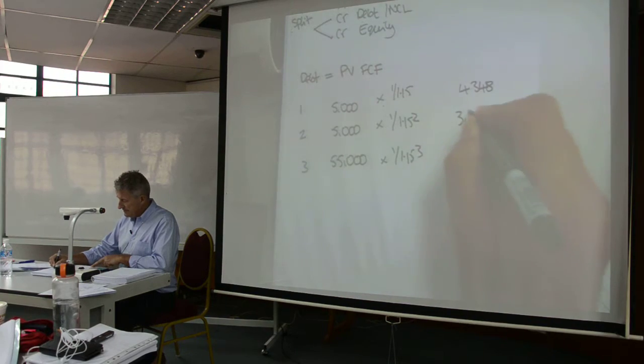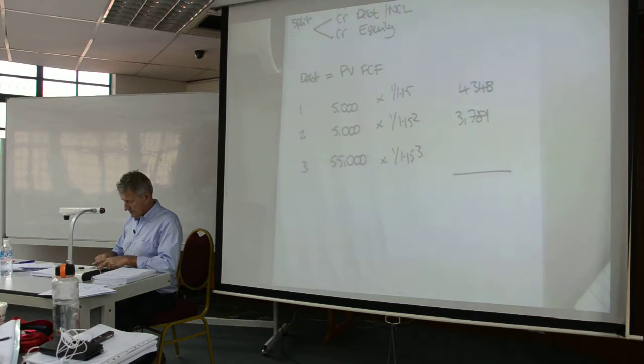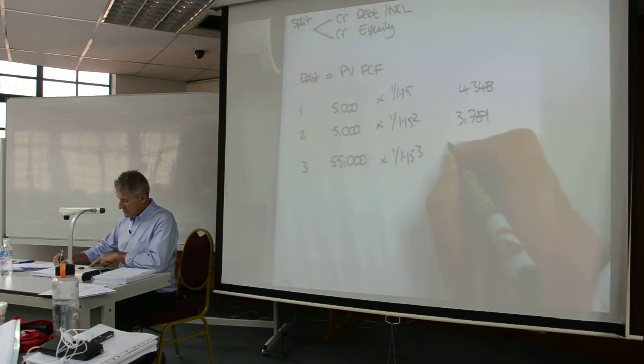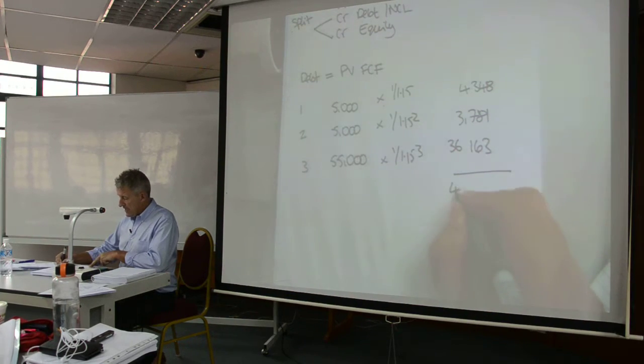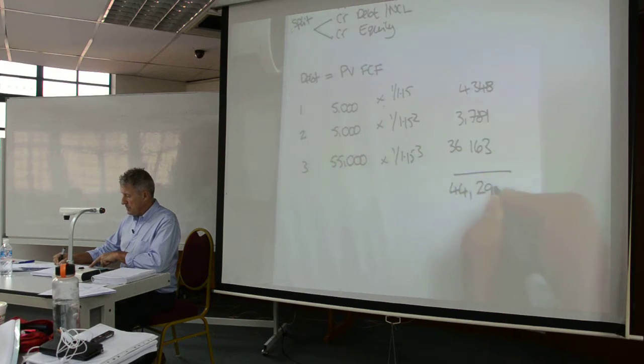$3,781. $36,163. And therefore I get 44,292.